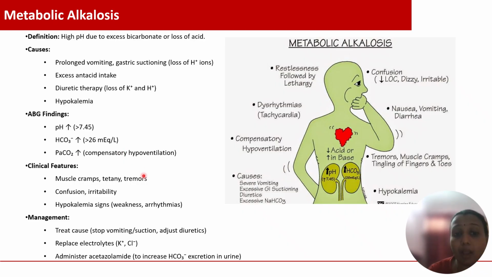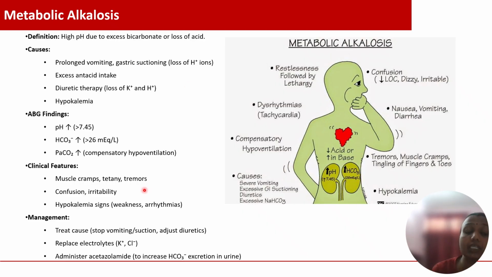For compensatory hypoventilation, we can see the partial carbon dioxide is also increasing in metabolic alkalosis. Clinical features we can see are muscle cramps, tetany, tremors, confusion, irritability, and hypokalemia signs, that is weakness and arrhythmias. Potassium is very important for normal heart functioning, so we can see weakness and arrhythmias if the potassium is low. Okay, and pH is high as well as HCO3 is high, that is metabolic alkalosis.